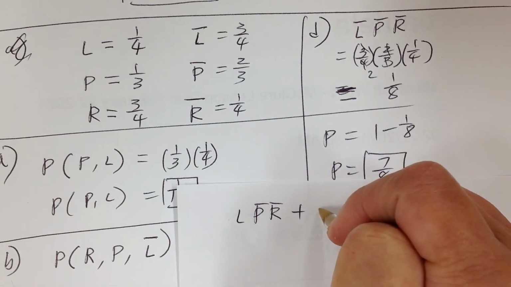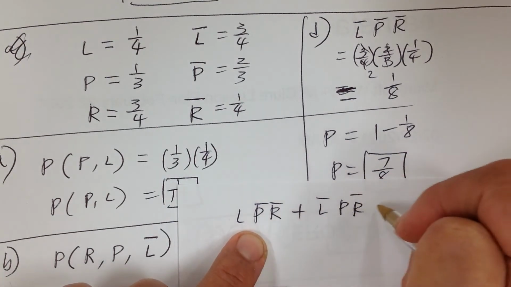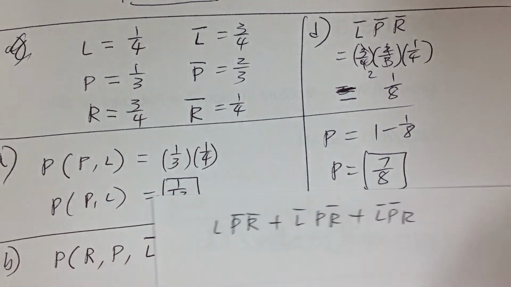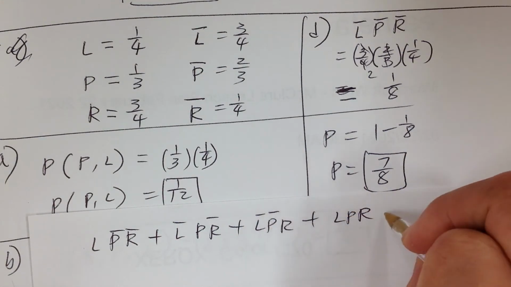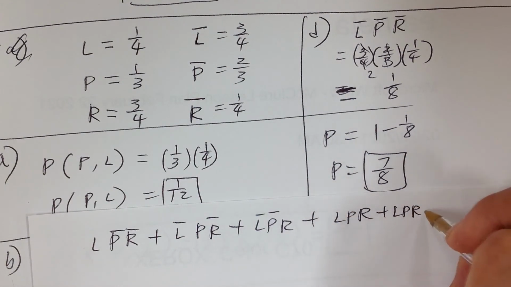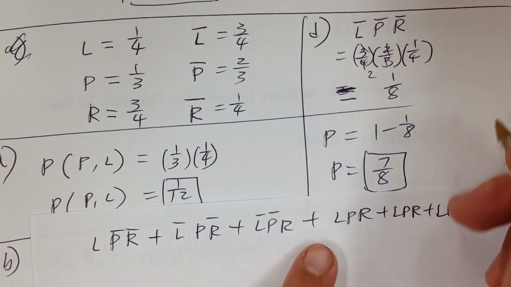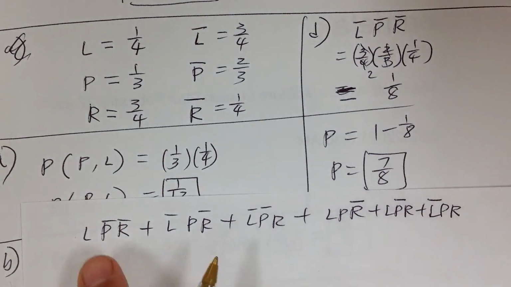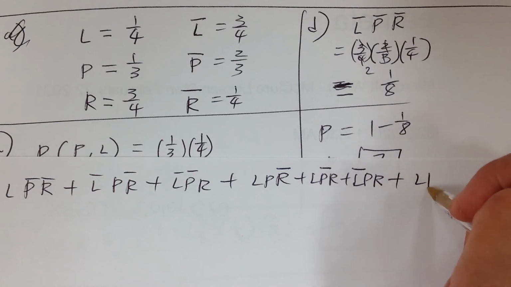So you have to do the one person, and you have to do the two people, then you do the three.